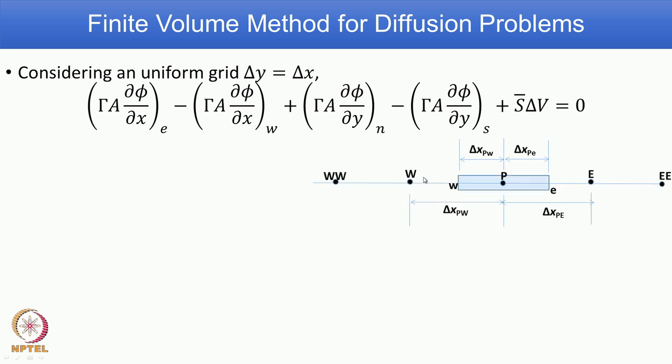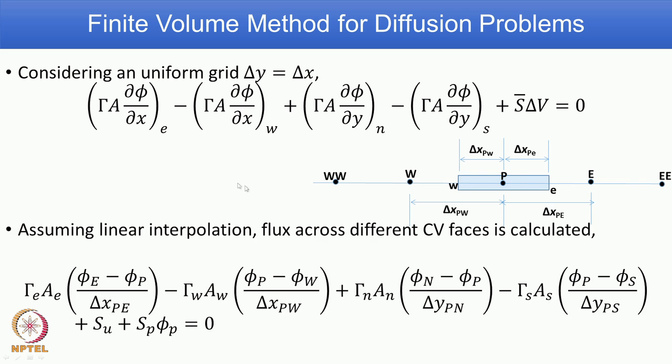Now, we need to evaluate dou phi by dou x at the east face and west face. Similarly, dou phi by dou y at the north face and south face. For that sake, we reproduce the finite volume terminology as shown here. We have already done the evaluation of fluxes at the east face and west face in one dimension, and that is what is shown here.